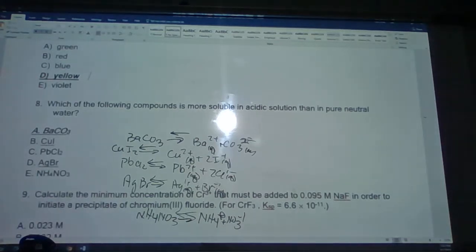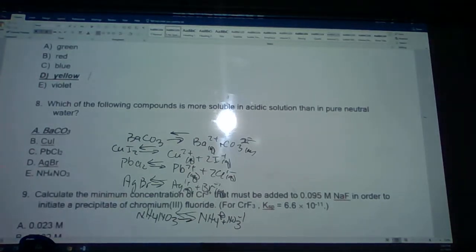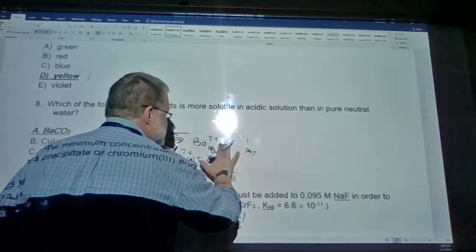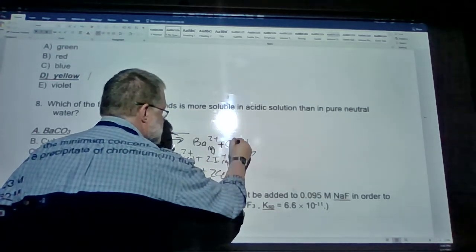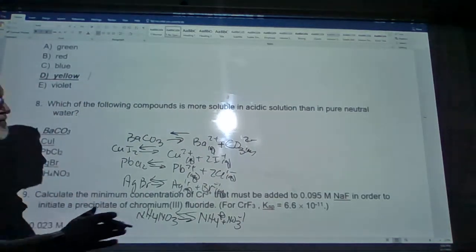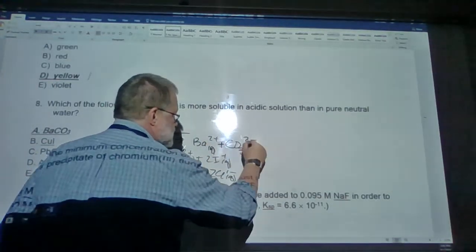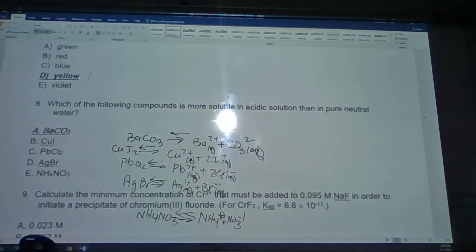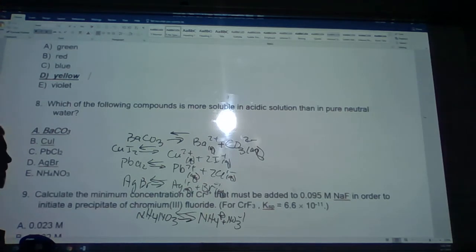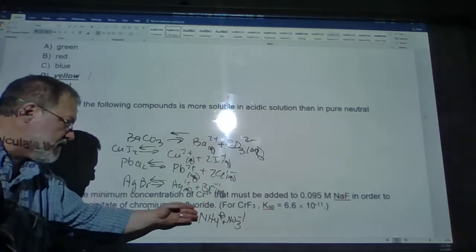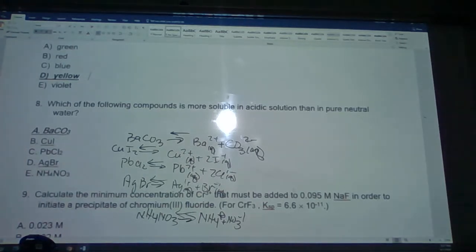If we're looking at these reactions in terms of equilibrium, we add acid to any of these.